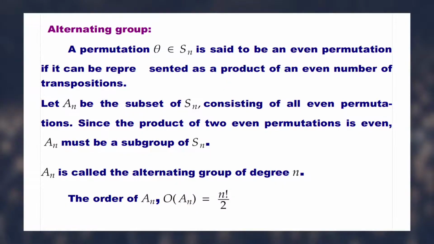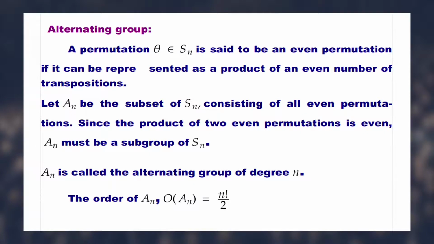Next one is the subgroup of Sn, that is the alternating group. A permutation theta belonging to Sn is said to be an even permutation if it can be represented as a product of an even number of transpositions. Let An be the subset of Sn consisting of all even permutations.